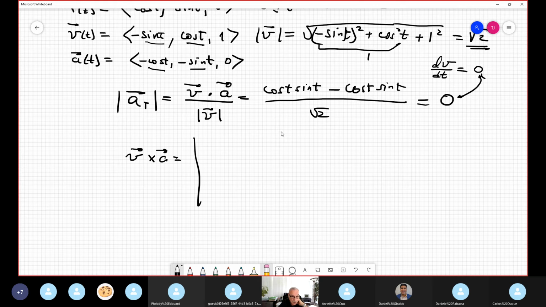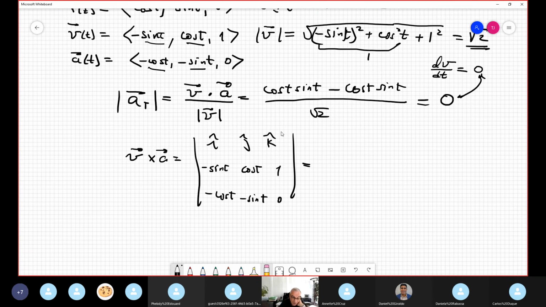Okay, it is the determinant with i, j, k, and the components for B are minus sine t, cosine t, 1, and minus cosine t, minus sine t, and 0.